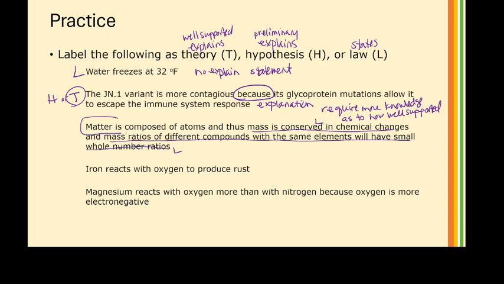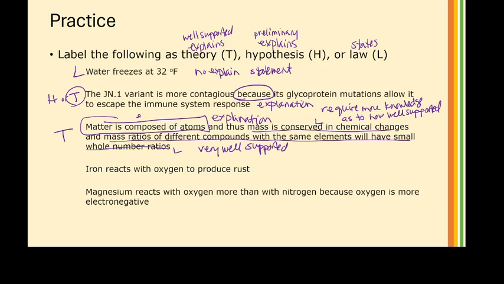But this part is a little bit hidden because I'm not seeing the word because. But it's saying the reason that mass is conserved is because matter is composed of atoms. So this is now not a law. This is now an explanation, and it is very well supported. So I would call this one a theory.